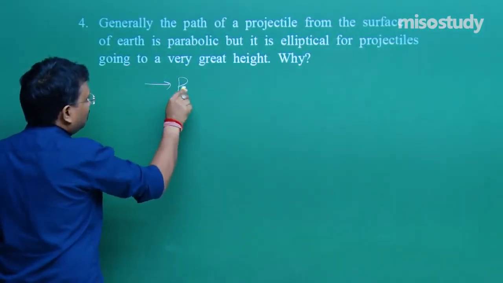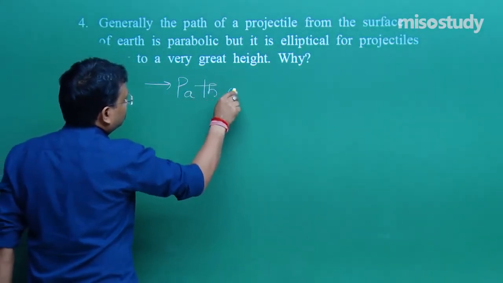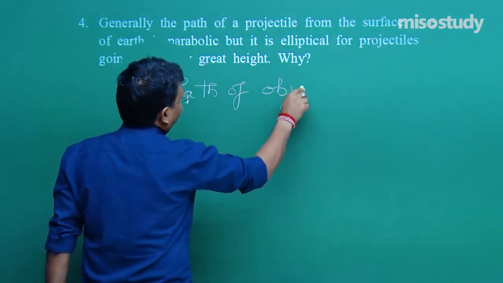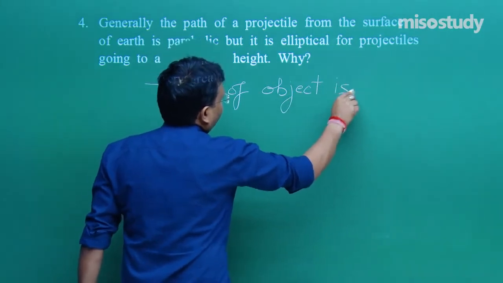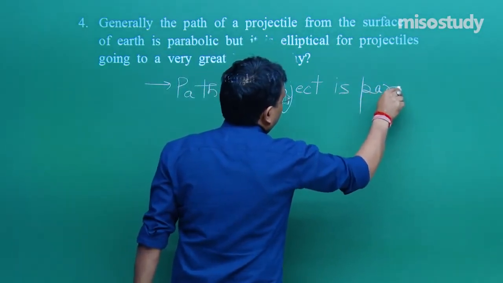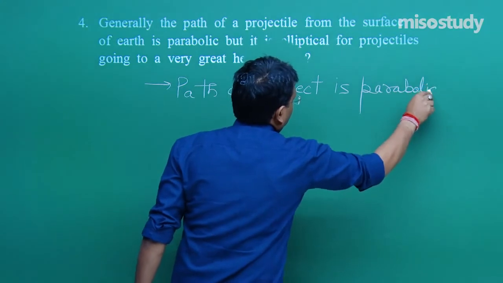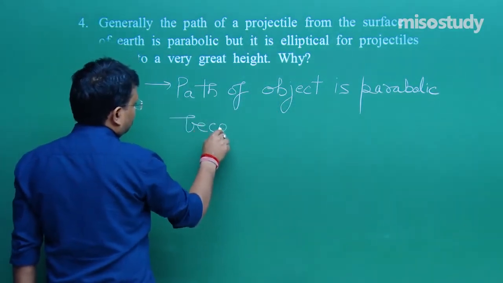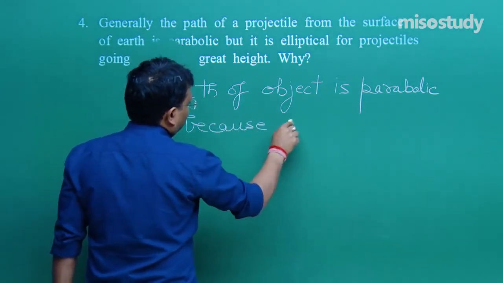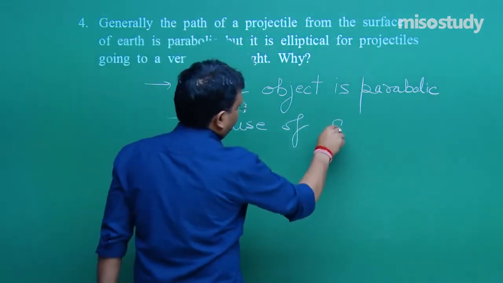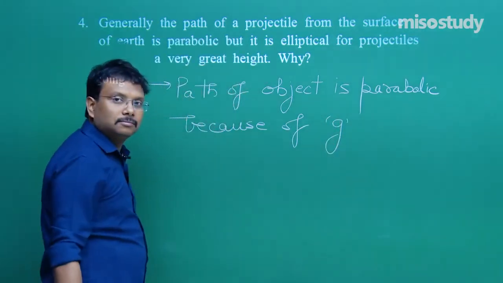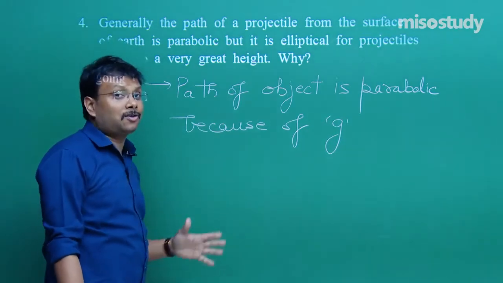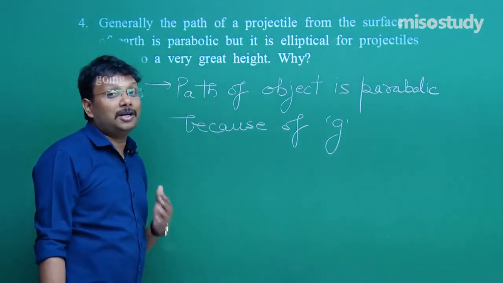Number 1, path of object is parabolic because of acceleration due to gravity g, and a sufficient amount of time we devoted to this concept while we were discussing motion in a plane.